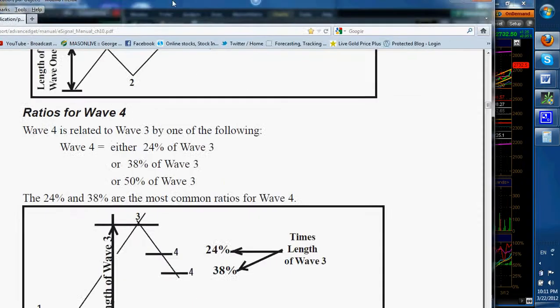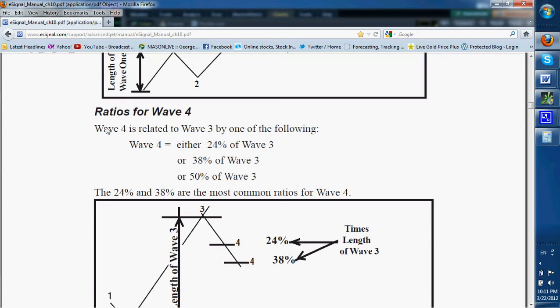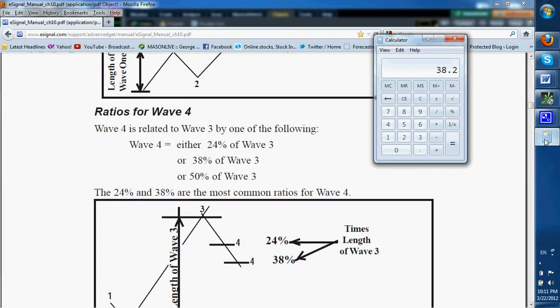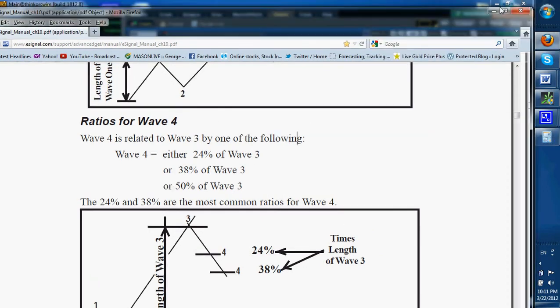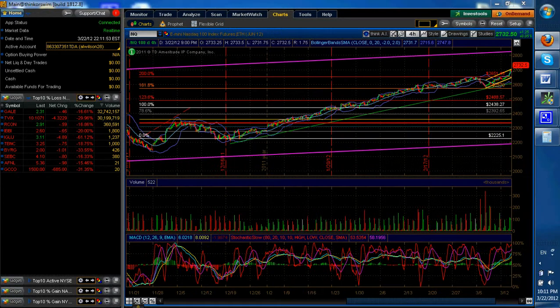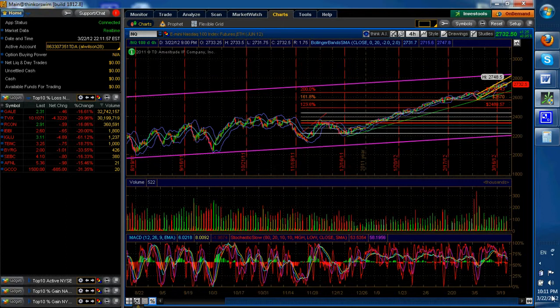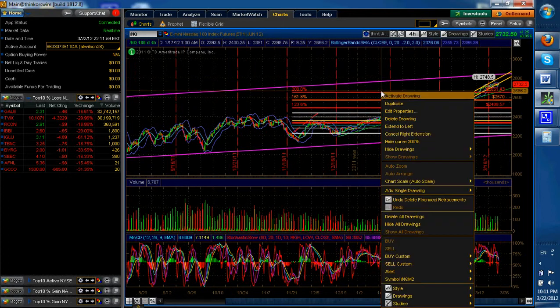And according to our book right here, it states that wave 4 is related to wave 3 by one of the following: wave 4 can either equal 24% of wave 3, 38% of wave 3, or 50% of wave 3. And we got 38.2. So we hit the Fibonacci level. And since we did that, that confirms that that was a 4.